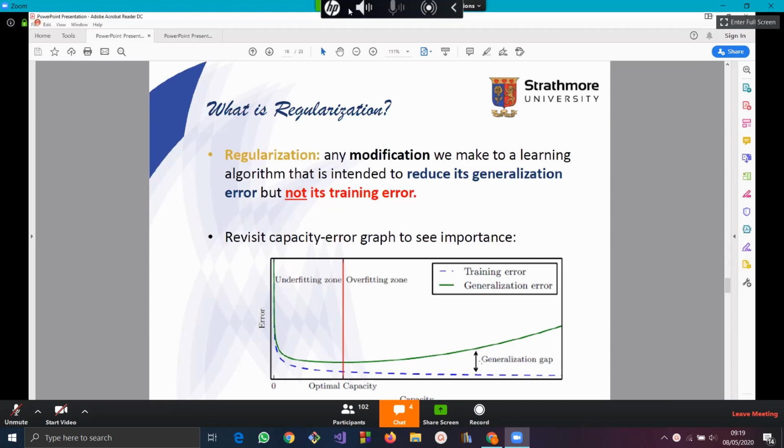So this is the generalization gap here. If I can reduce this but maintain this one, what is this one? It is the same as this one.